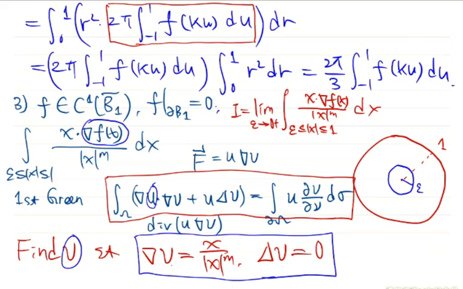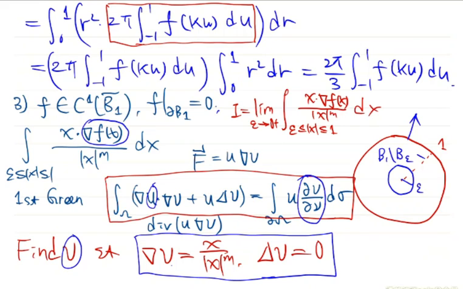But to apply the Green identity, we still need to compute the directional derivative of v with respect to the unit normal vector on the boundary of the domain. The boundary of our domain is the boundary of b1 minus the boundary of b epsilon.